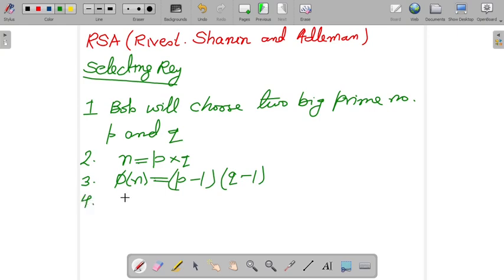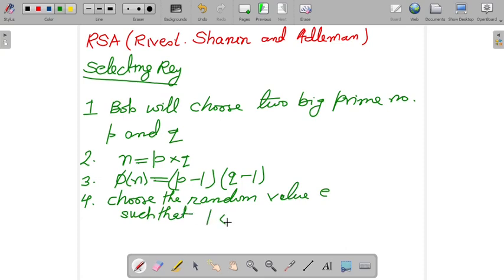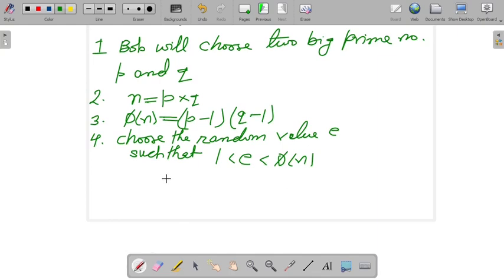In the fourth step, he will choose a random value E such that the GCD of E and phi N should be equal to 1.